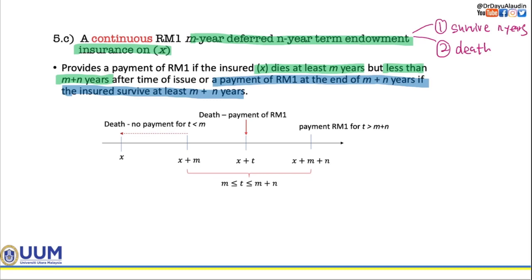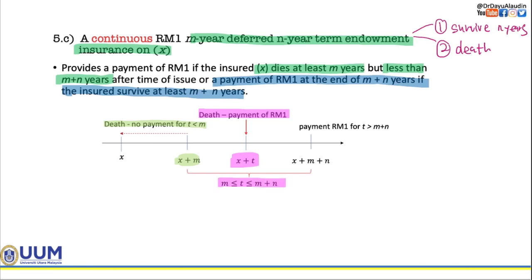For all the deferment cases, if the death happens before M years, there is no payment at all. The first case is the death payment of 1 ringgit if it happens between M to M plus N years.